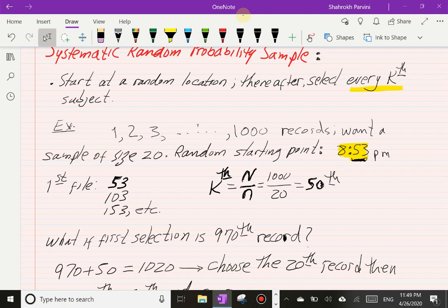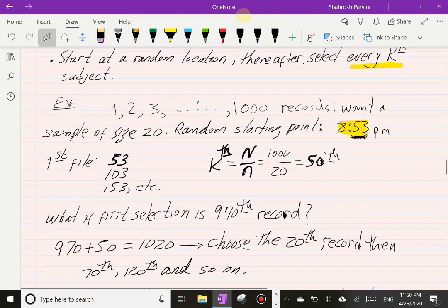You scroll to the beginning, because remember, there's only 1,000 records on the shelf. So once I go back to the beginning, then I choose the 20th record for my second record. So you have record number 970, and then your 20th record, and then after that your 70th record. See, I'm adding 50 to these, and so on, until you collect your sample.